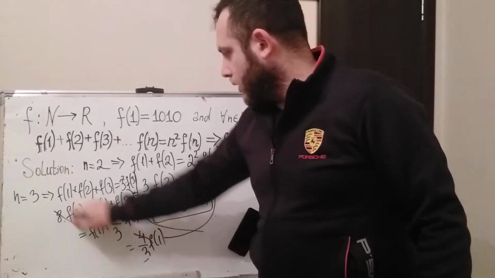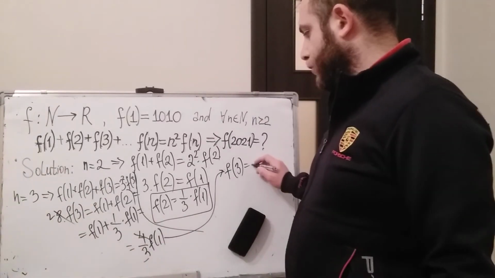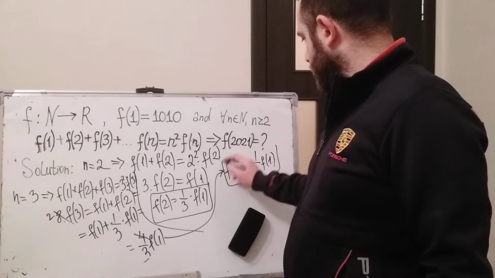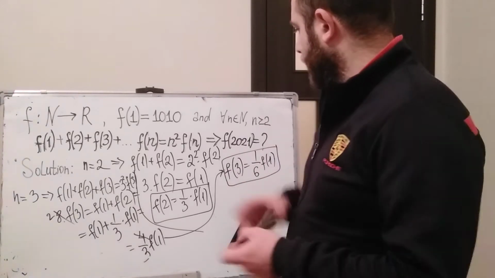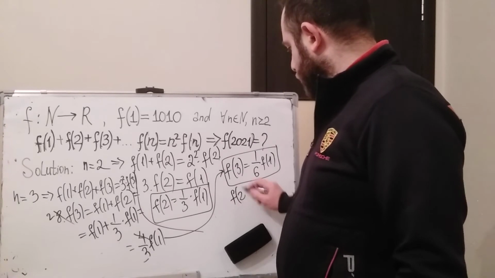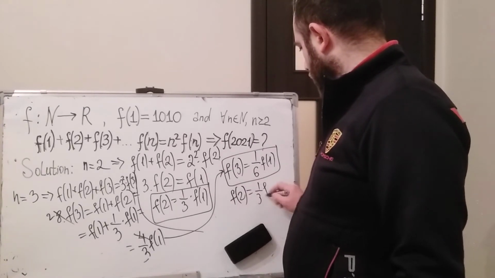If I simplify, f(3) will be 1 over 6 f(1). So I already found f(3). And f(2) is 1 over 3 f(1).